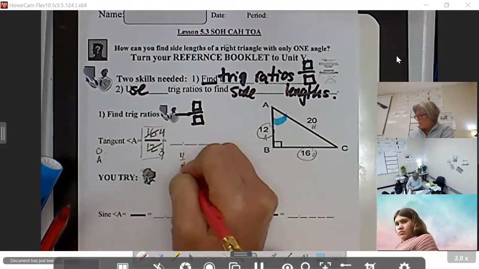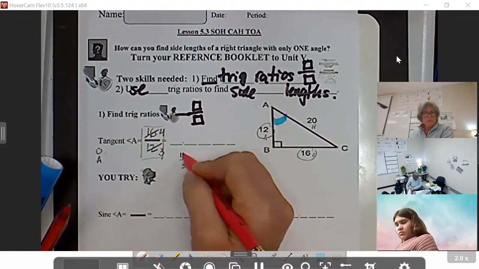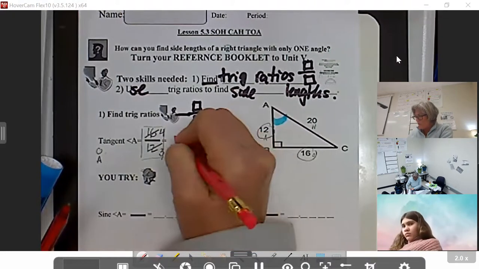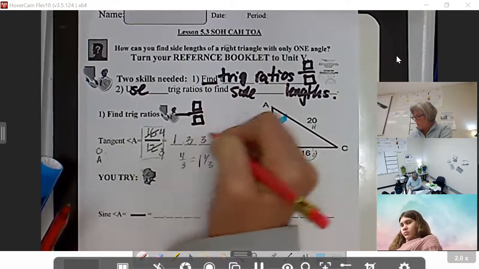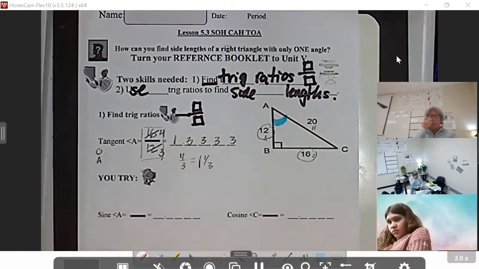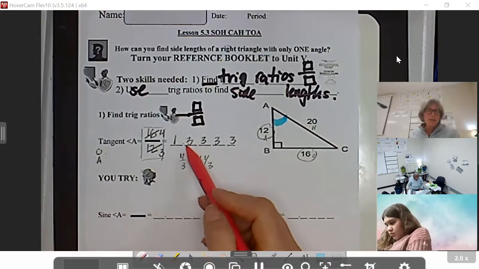So we get 4/3. 3 goes into 4, 1, and 1/3 left over. So the decimal is 1.3333. These decimals are what's stored on your calculator, literally hundreds of them.